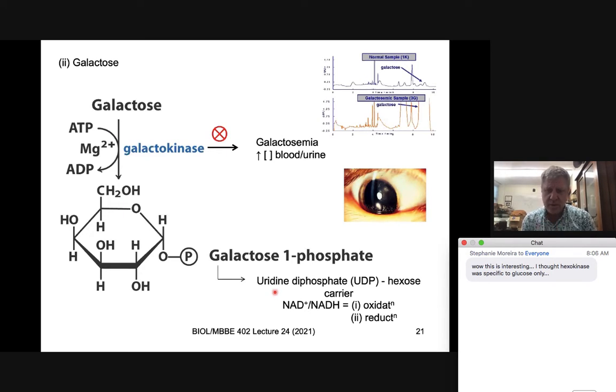Because ultimately, we're going to take this galactose 1-phosphate and use this UDP system like a figure 8, where we're taking more galactose in and UDP glucose to start the priming system. And ultimately we're going to be spitting out glucose 1-phosphate at the expense of consuming galactose 1-phosphate.